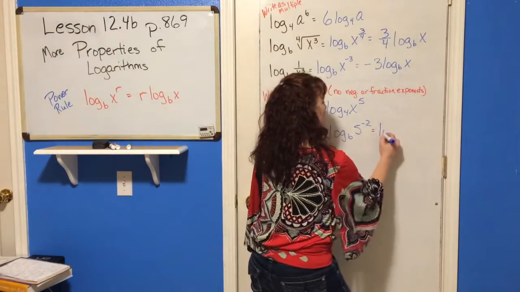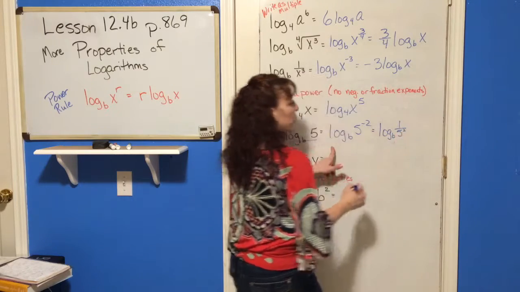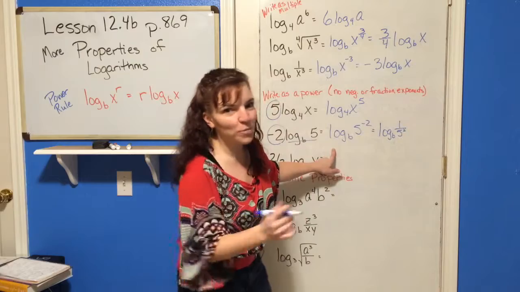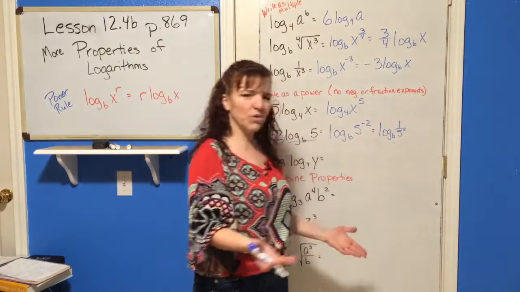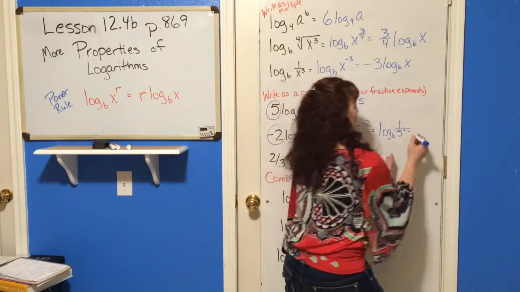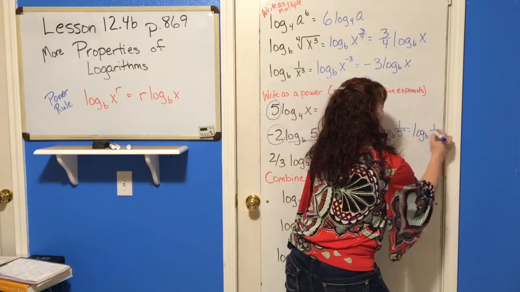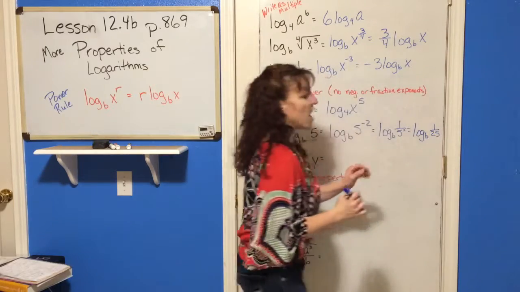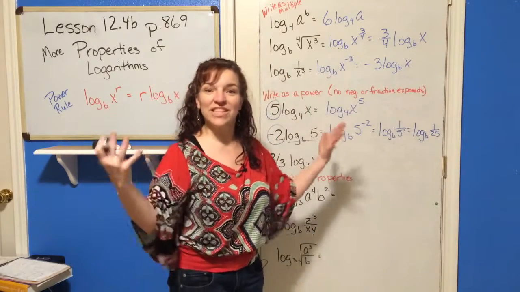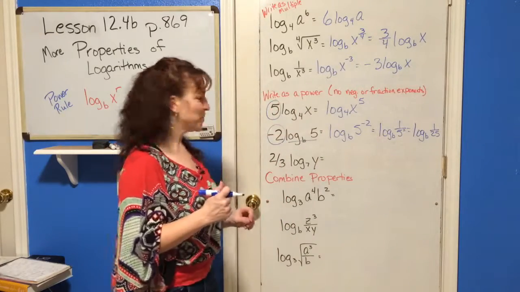So that's the same as log base b of 1 over 5 squared. And now one more step, because you can do 5 squared. 5 times 5 is 25. So your final answer is log base b of 1/25, its simplified form as a power.